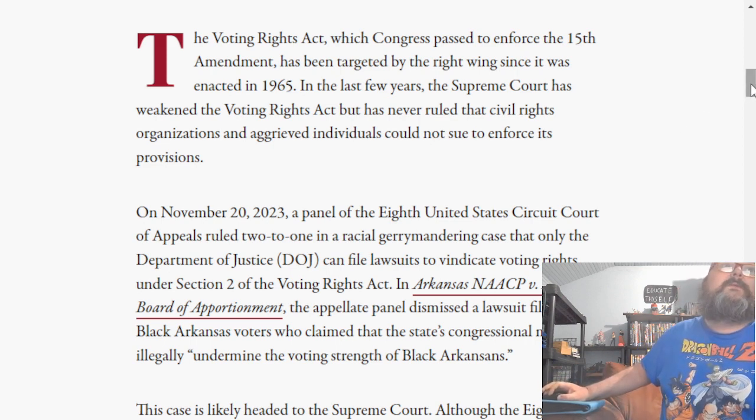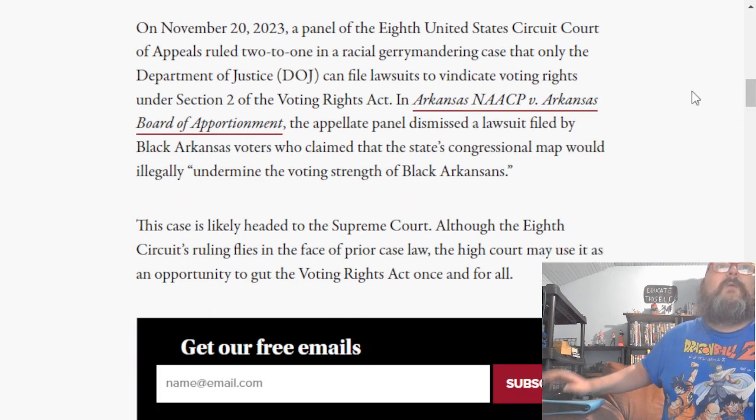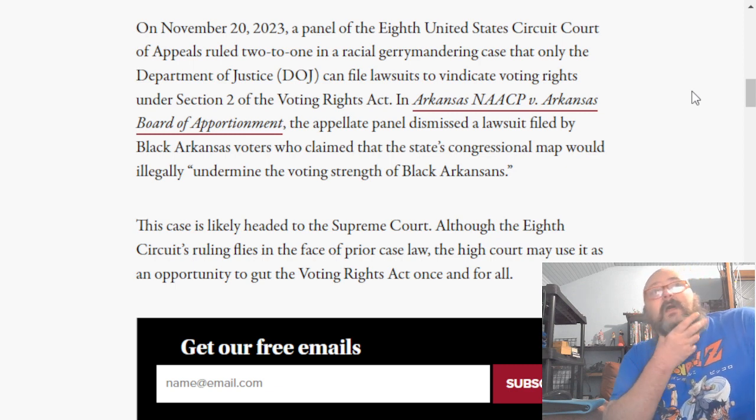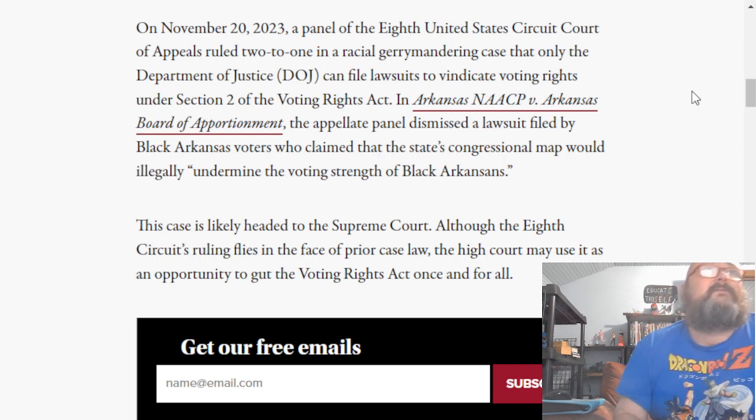On November the 20th, 2023, a panel of the 8th U.S. Circuit Court of Appeals ruled 2-1 in a racial gerrymandering case that only the Department of Justice can file lawsuits to vindicate voting rights under Section 2 of the Voting Rights Act.